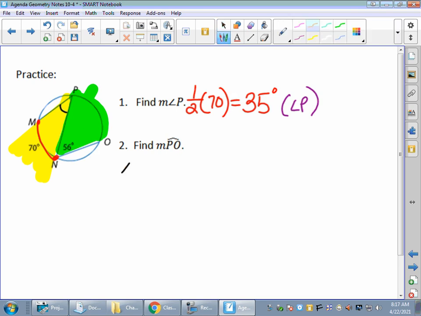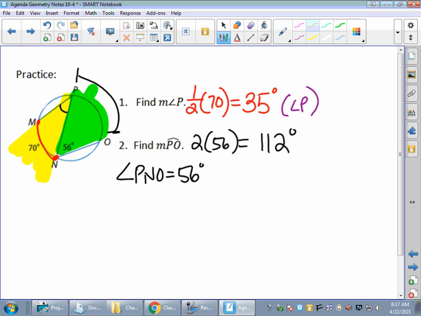If angle PNO equals 56, my arc is twice as big as my angle, so 2 times 56, a whopping 112 degrees for this arc. I usually mark them like this: 112, and this guy would be 35.